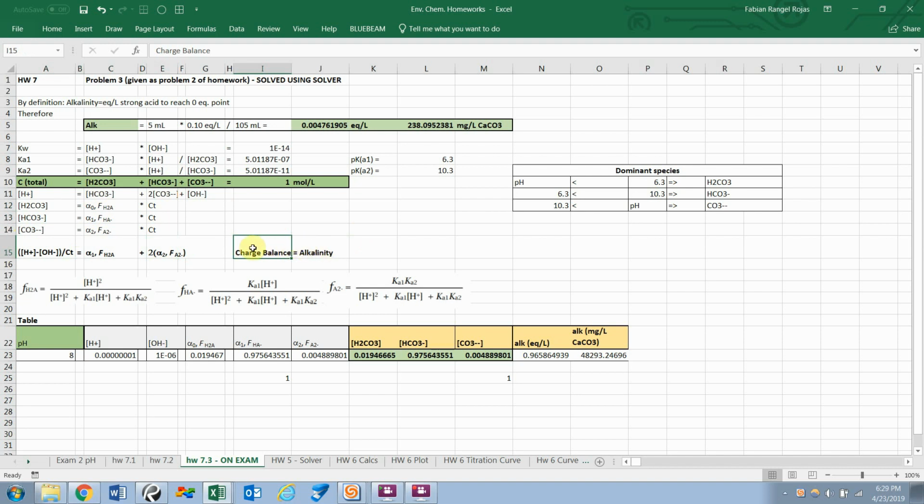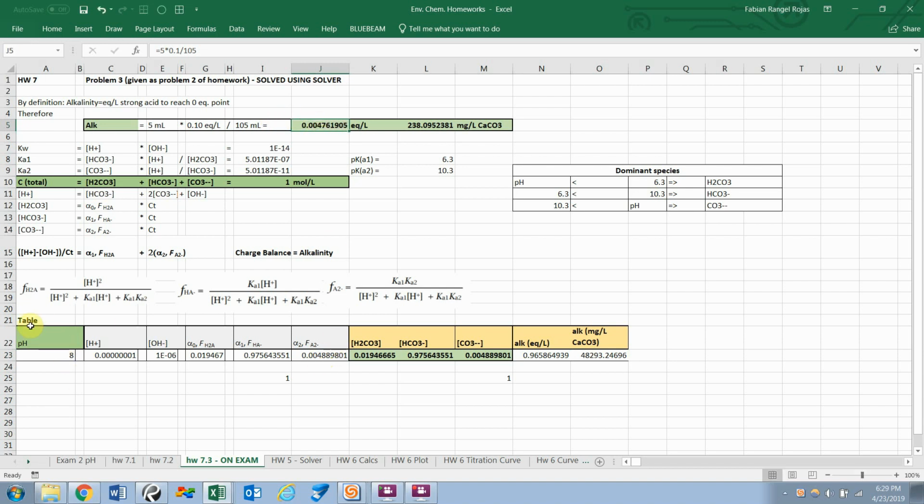So if I take HCO3 plus 2 CO3, add OH minus to it, and subtract H plus, that's going to give me my alkalinity. And the whole point is that I want to define some equation that will give me alkalinity and tell solver that the value of that equation should be equal to the one I already found here.